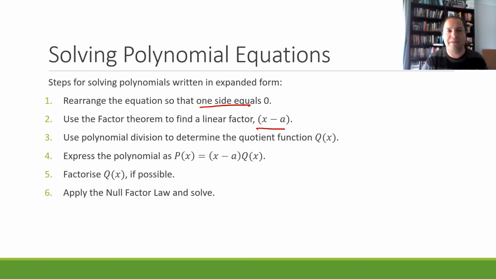Use polynomial division or synthetic division, whichever you prefer, to determine our quotient function, q of x. Then express our polynomial in factorized form, where x minus a was our divisor from step 2, and q of x was the quotient we worked out with polynomial division. Then if possible, factorize q of x as much as possible. Once we've got our equation as factorized as possible, we can apply our Null Factor Law and solve.